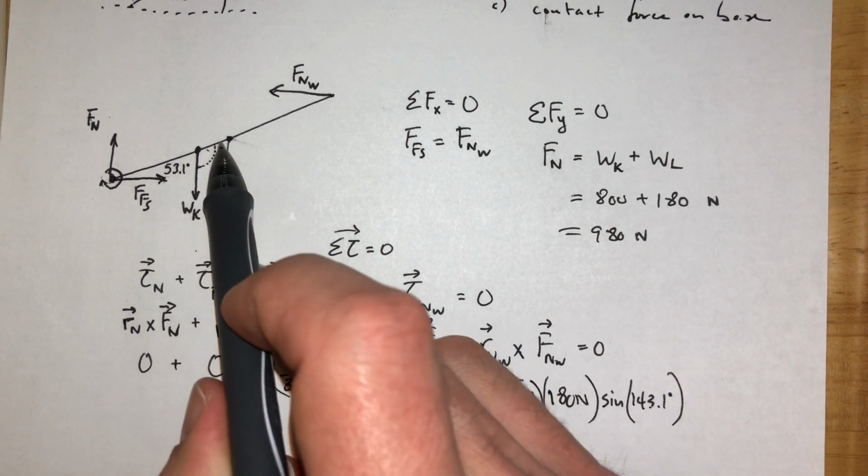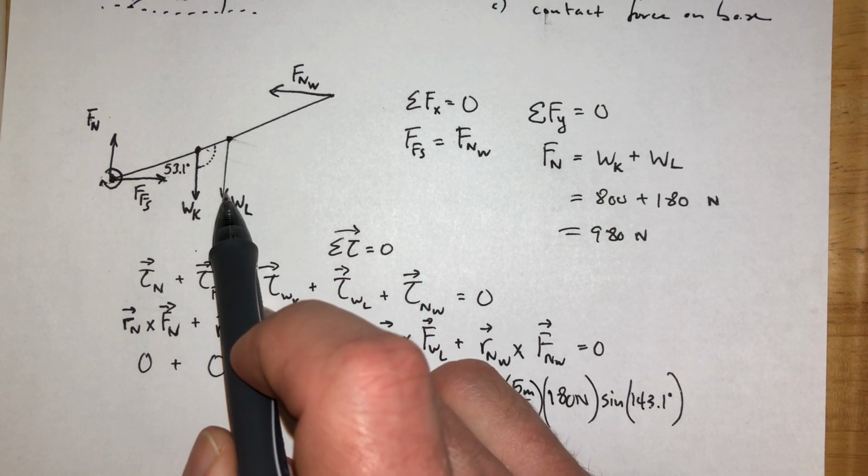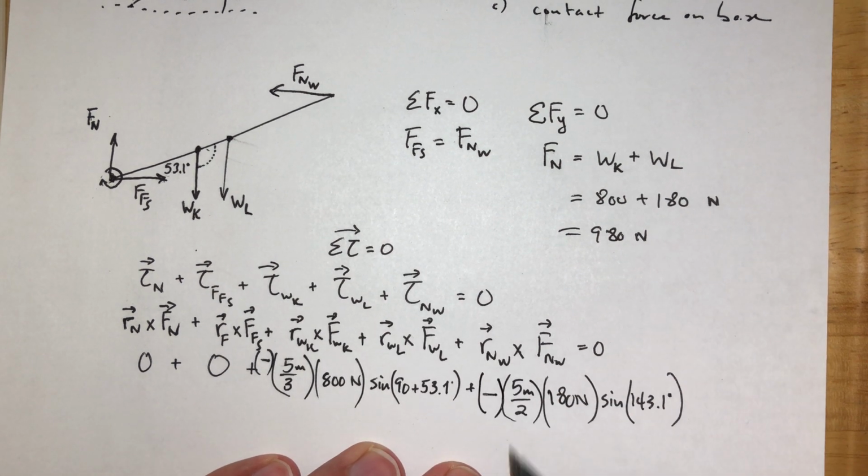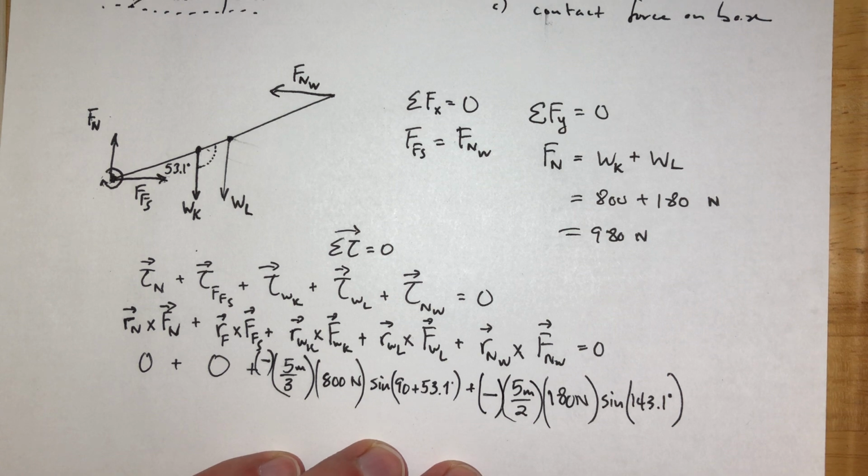And again, this force, if it were to cause the ladder to rotate, would cause it to rotate clockwise. Let's include a minus sign.